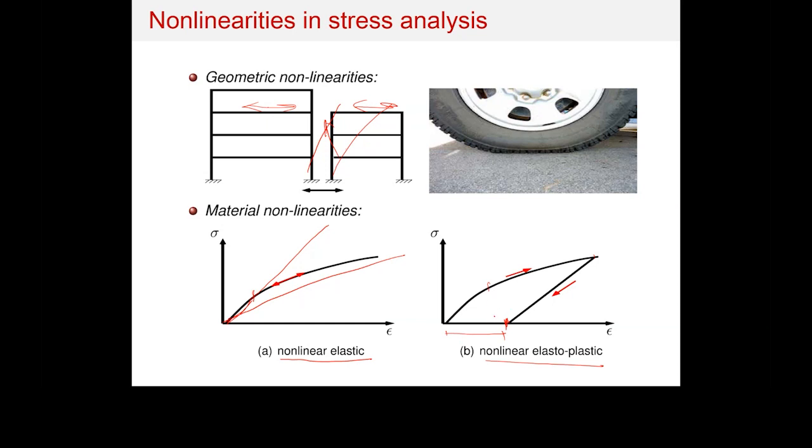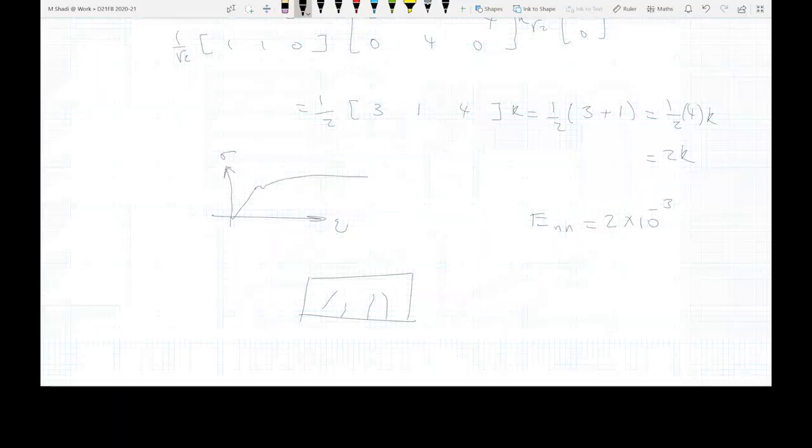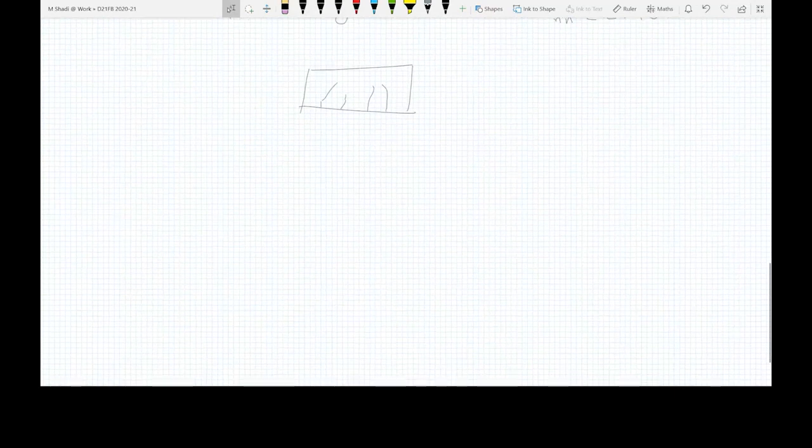Now, if you get into this type of behavior, it is not enough to know this curve. It is also important to know the history of this material. So, for example, I'm going to show you an example in plasticity, or the elastoplastic behavior, assuming that you have, for example, a concrete beam like this one, and you start loading this beam.